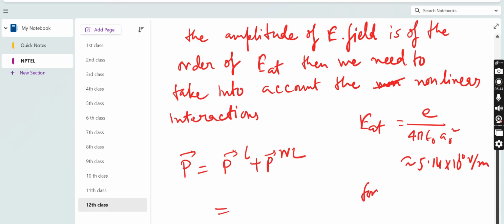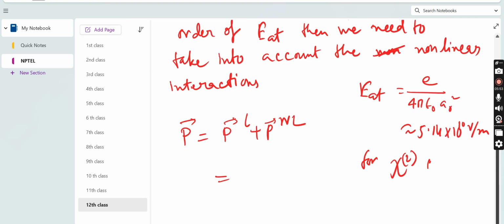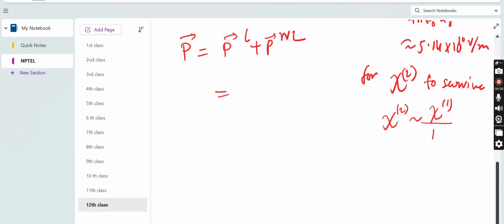So for chi 2 to survive, chi 2 needs to be of the order of chi 1 by E, the electric field.